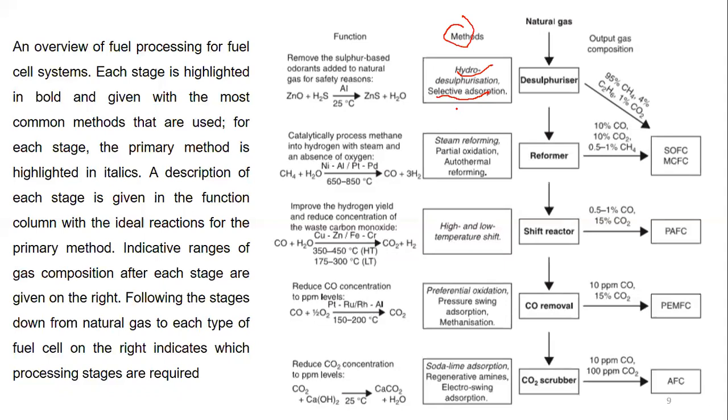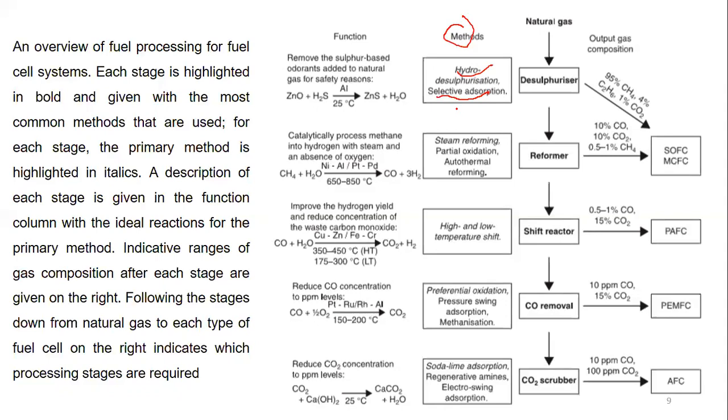And the role of selective adsorption is fabulous. It's really very interesting, so you should know about these things. Sometimes we need to remove a specific thing. We don't want to remove each and everything from the container. So that's very important. Then we have a steam reformer.